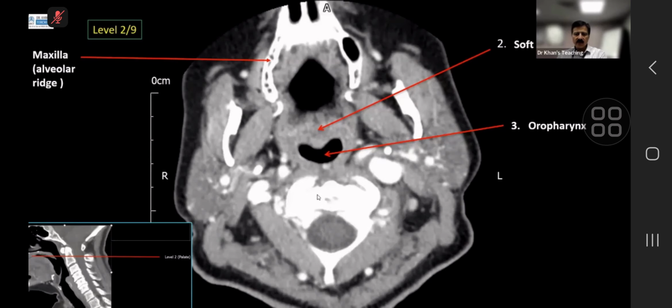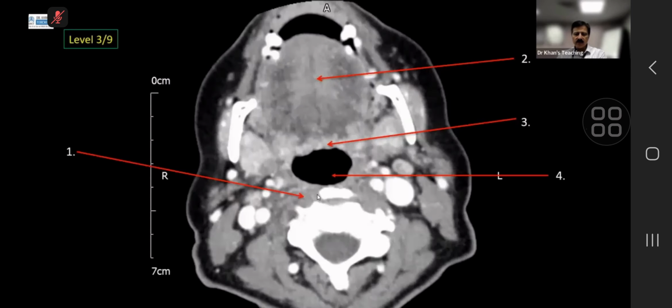Well done. Third level. What is number 1? Okay. There is a muscle here, longus colli. Which airway? Oropharynx. What is this, number 2? Excellent. And what is this slightly high density?